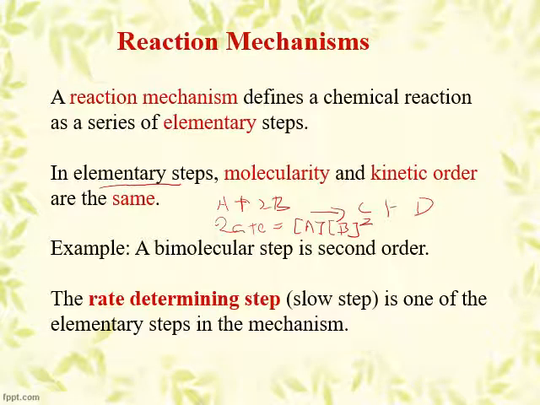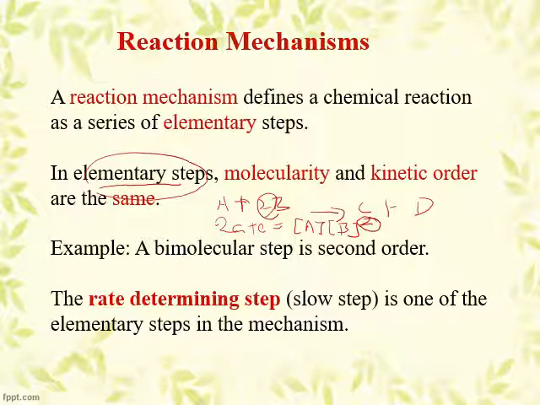The kinetic order here will follow the molecularity from the balanced chemical reaction, but only for elementary steps. If they are not elementary steps, then we can only determine the kinetic order from experiment.